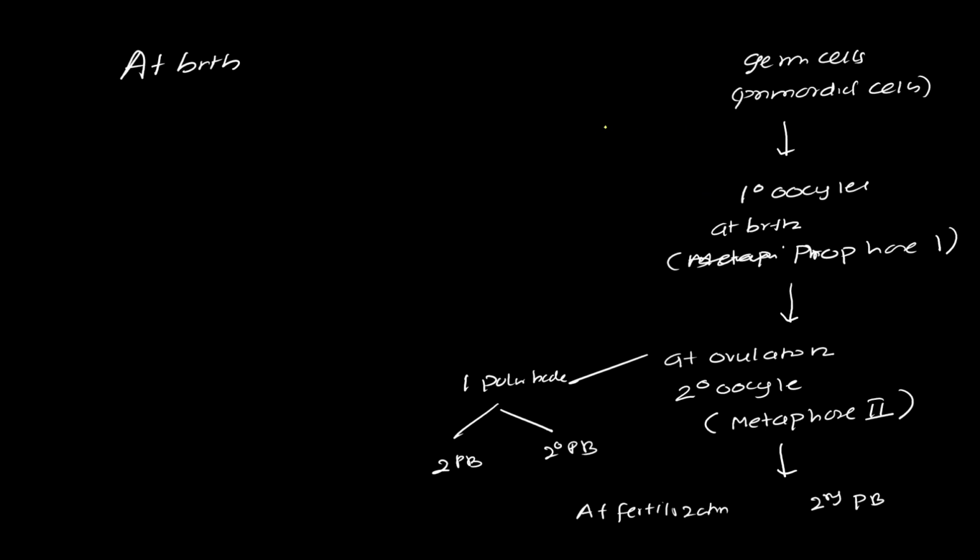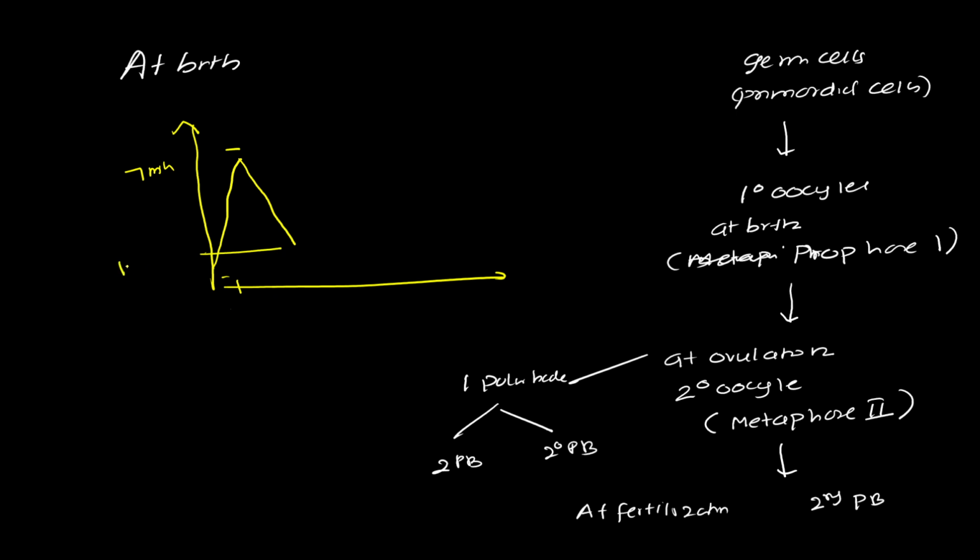Now, looking at the numbers, the number of primary oocytes will increase to around 7 million at the fetal age of 6 months or so, and will reduce to around 1 to 2 million at birth.